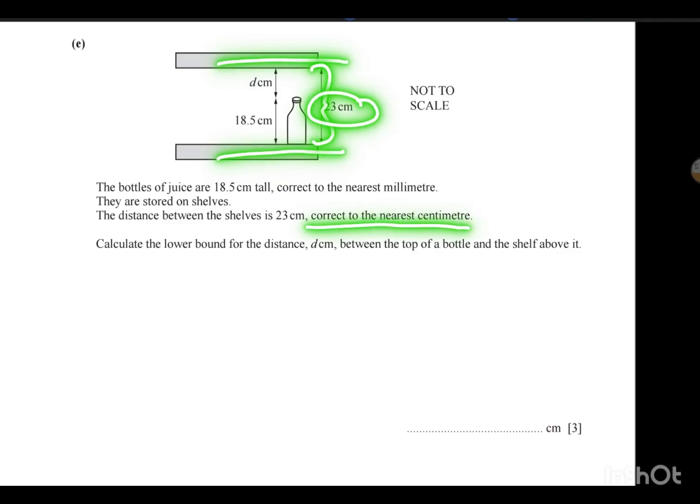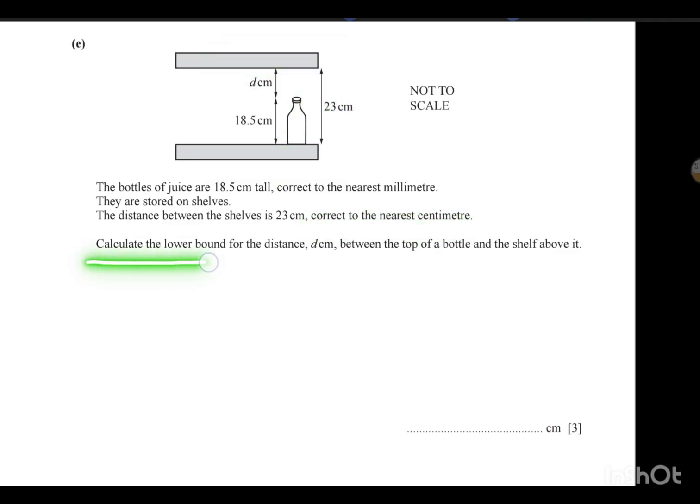Calculate the lower bound for the distance d centimeters between the top of the bottle and the shelf above it. So d is the distance from here to here, and we need to find this d's length, and that should be the lower bound.